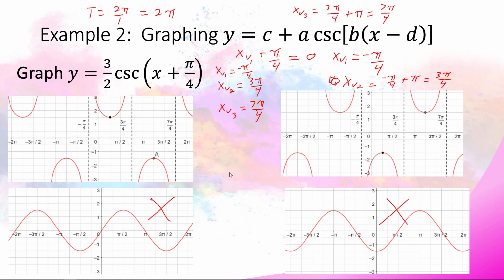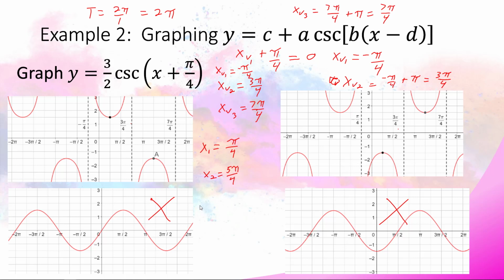figure out the midpoints. Well, the first midpoint, I'm going to call x1, is going to be halfway between xv1 and xv2. And if you computed that, that will be pi over 4. x2 is going to be the midpoint between xv2 and xv3, and that will be 5 pi over 4.